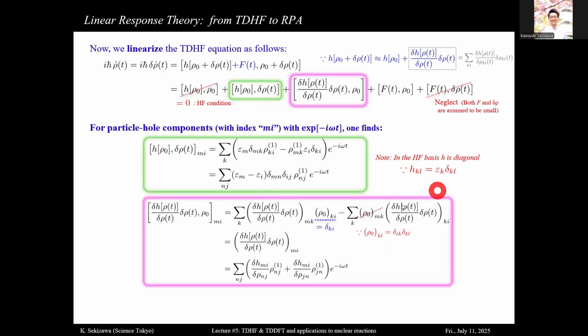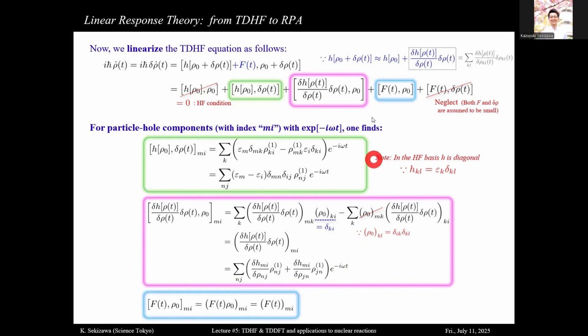So the second term is 0. And for the first term, this rho 0 becomes a Kronecker delta, and it becomes the particle-hole component of this. And I do not calculate this delta H delta rho. I just leave it as it is. So this is just a usage of the particular form of one-body density matrices.